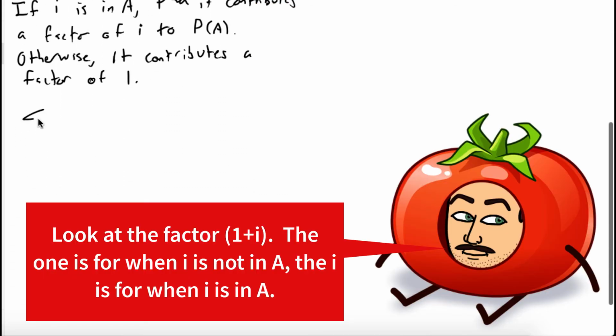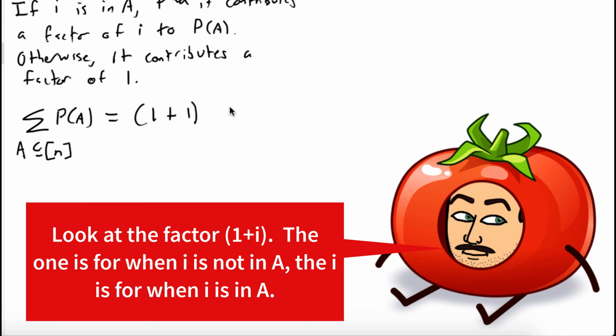So if we sum over all possible subsets of n, so it's possible A is empty, of P of A, we could write this as (1 plus 1) times (1 plus 2) all the way up to (1 plus n).